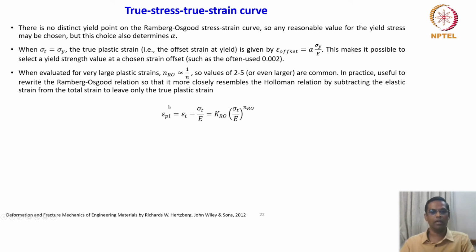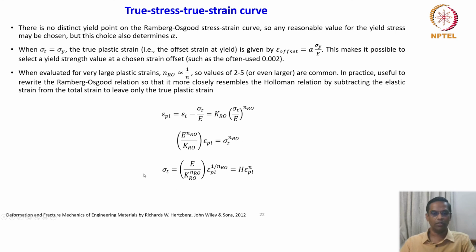So we can write it like this: epsilon plastic is equal to epsilon T minus sigma T by E, which is equal to K RO into (sigma T by E) to the power n RO, which can be rewritten like this.